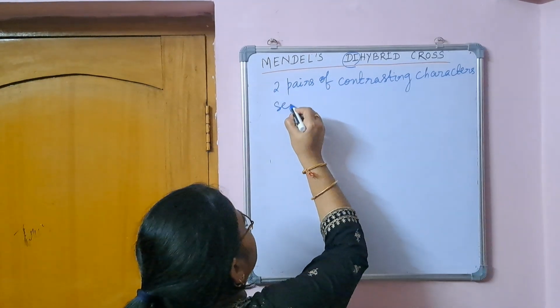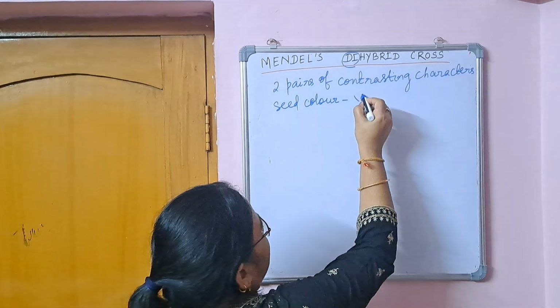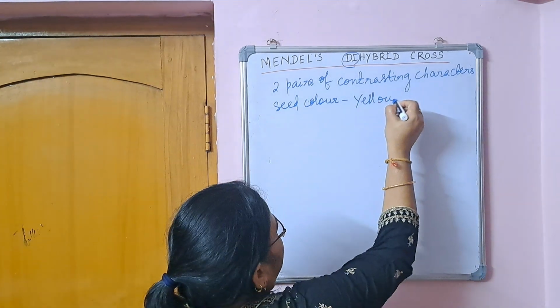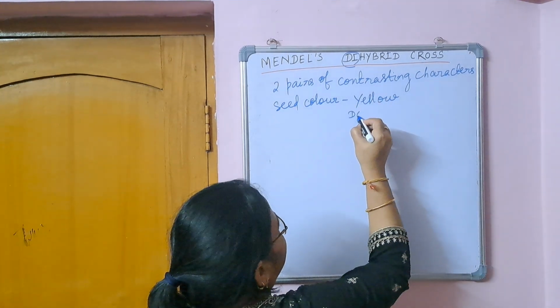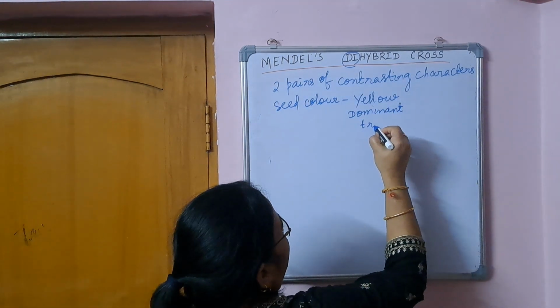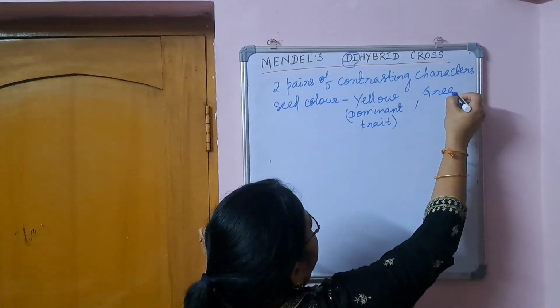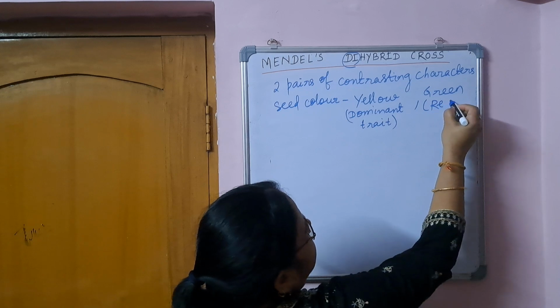First I will be taking seed color, so that is yellow. This is the dominant feature, and green is a recessive one.